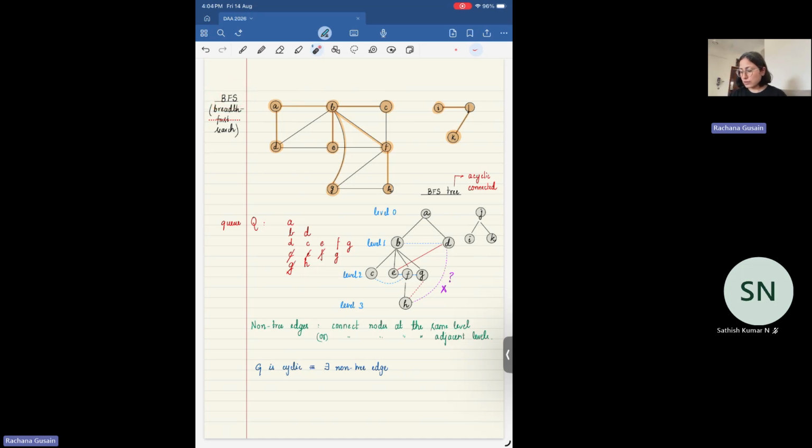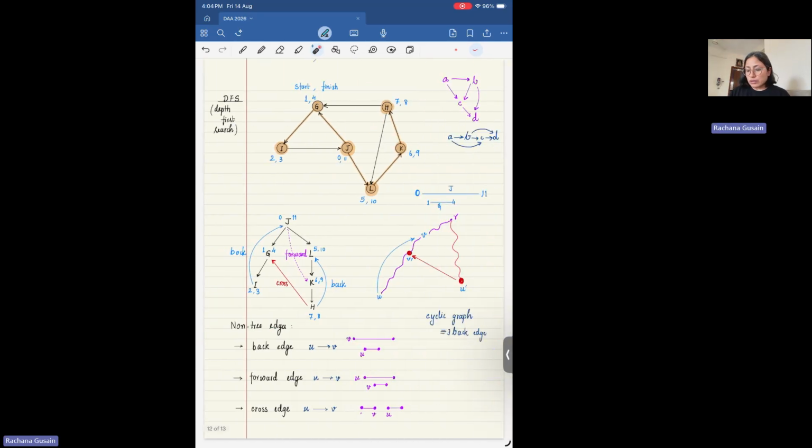One is BFS, wherein when you start at a node, in the next iteration you traverse all the nodes which are adjacent to this node and have not been visited before. And that continues. Then there is DFS, the depth first search, wherein when you start exploring a node, you go to an adjacent node which has not yet been explored.